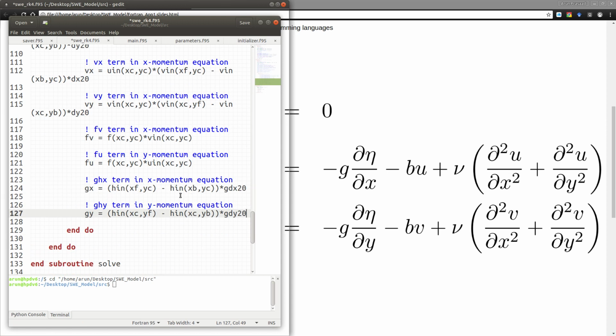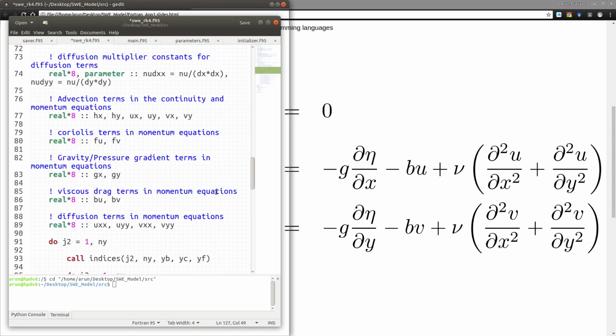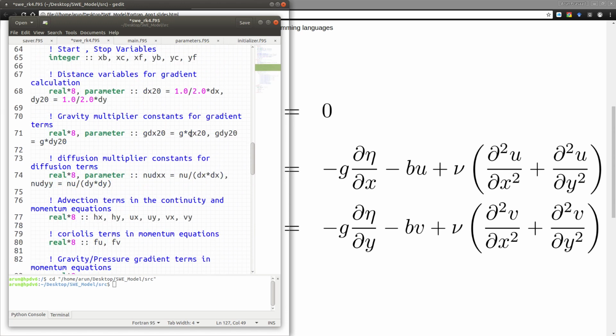So here is how it goes. The derivative of eta with respect to x is actually this ∂η/∂x, and I'm putting g dx over here because if you look over here, g dx is actually gravity times dx, divided by 2. So this will take care of the gravity constant multiplication and then the division by twice dx.